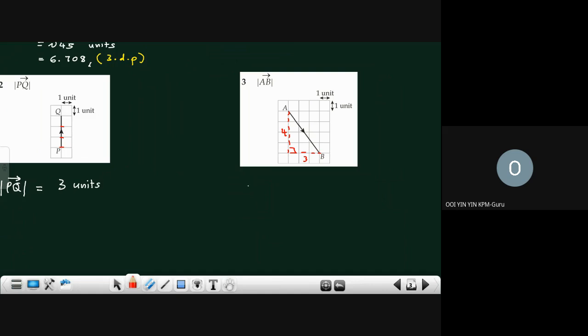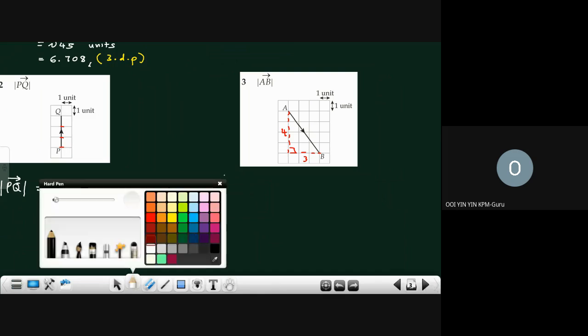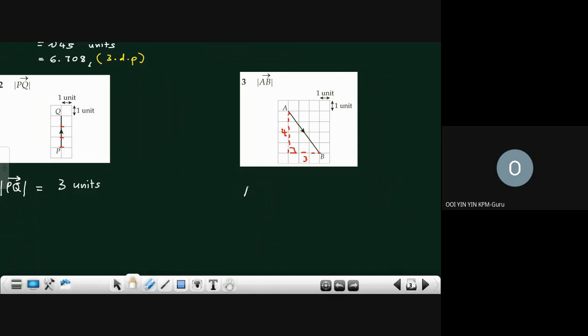So here you must write, using the white pen so that you can see easily, AB. Don't write BA. AB and BA are different, you know. How do we know AB? Based on the direction of your arrow. So this is the initial, starting here, and it ends here, terminates here. So AB. And don't forget your arrow or vector.